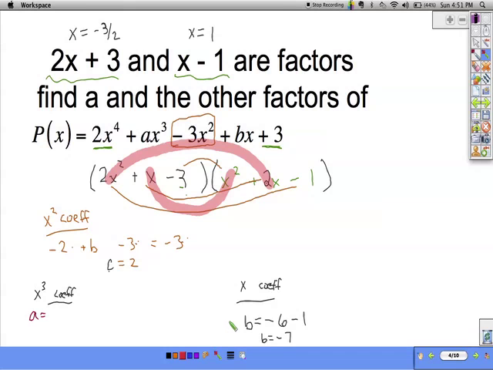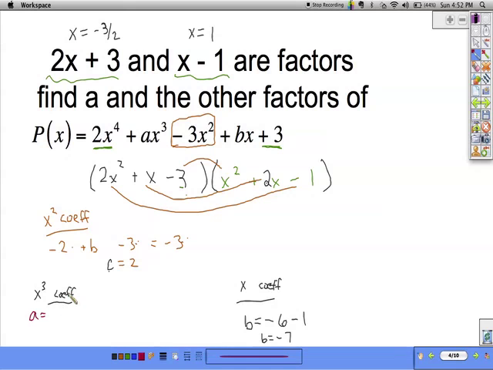We've got 4 x cubes, and we have 1 x cubed that we're adding together. So a is equal to 5. So I have a and b. I know that my last quadratic factor is x squared plus 2x minus 1.